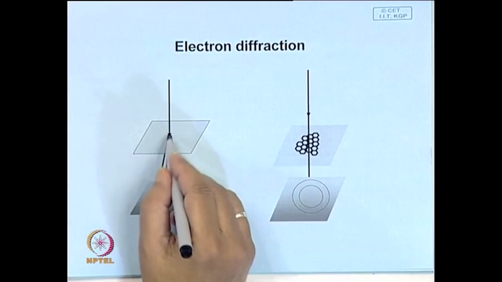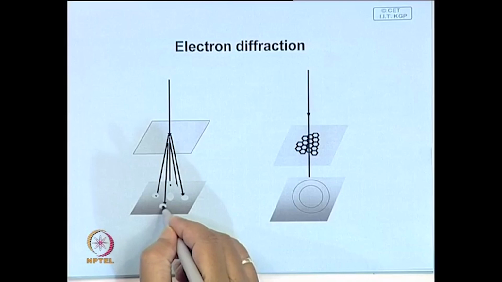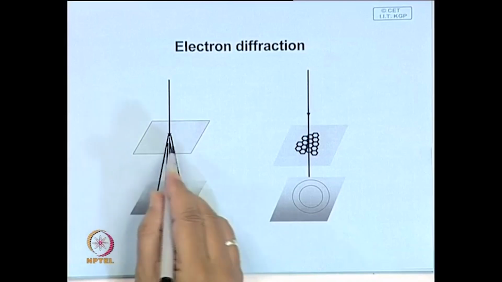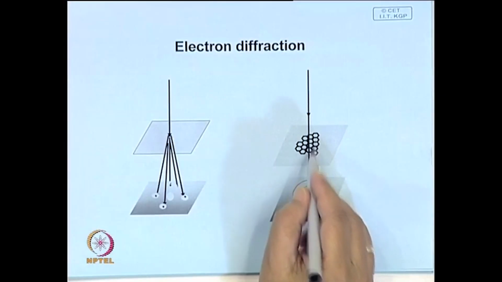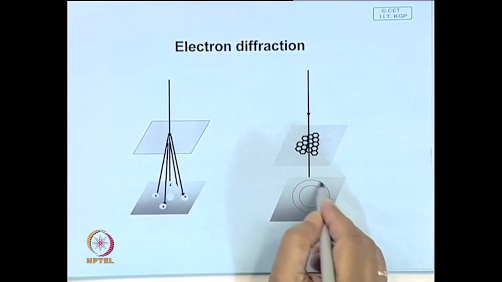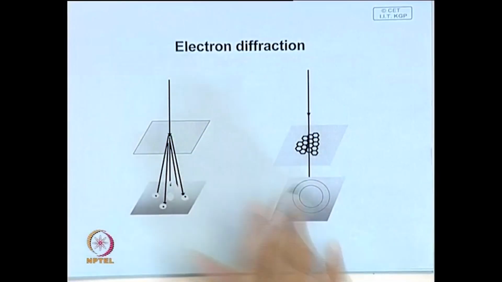If it is a single crystal, you will get a spot pattern like this. If these crystals are very fine, then you will get continuous rings. It is exactly similar to an X-ray diffraction pattern.